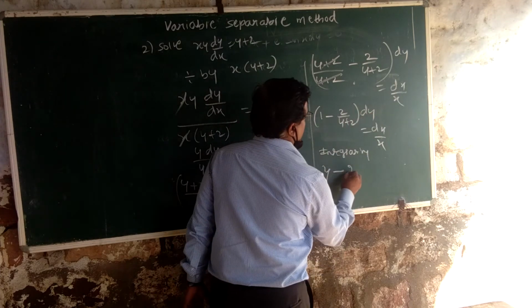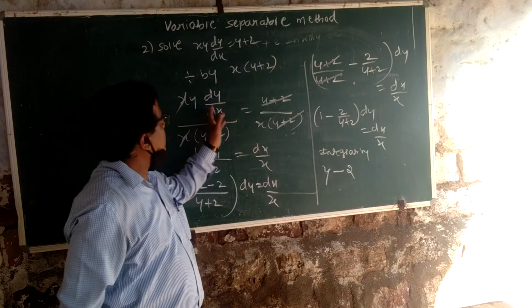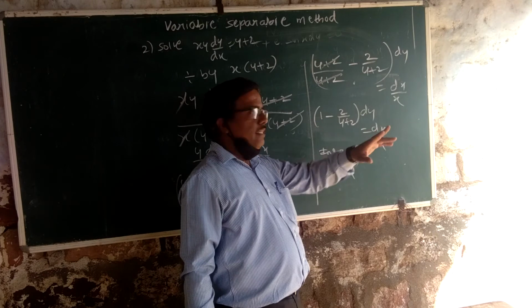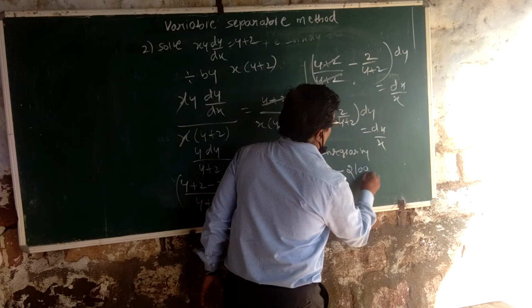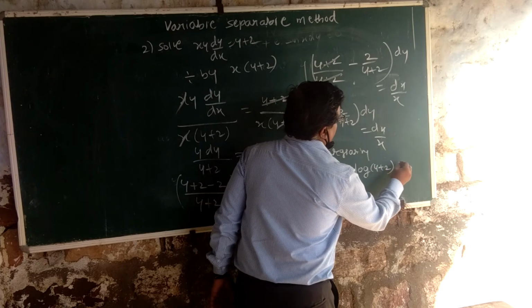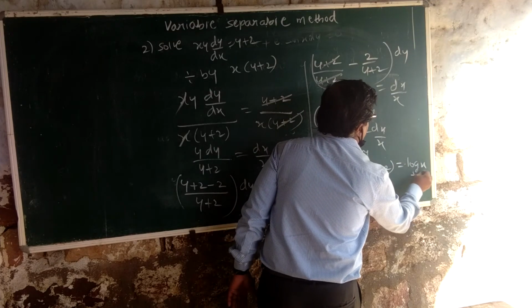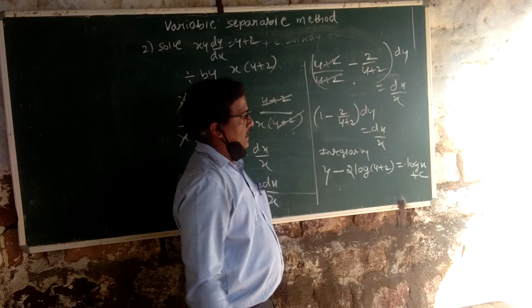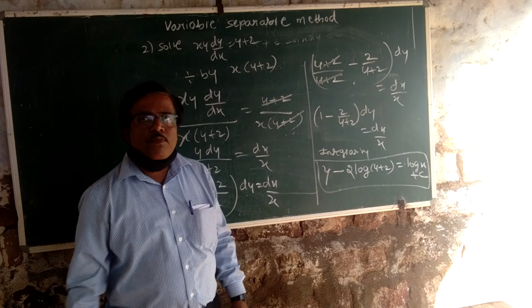Again the integration of dy by y plus 2, as we did in the last case, put y plus 2 as t, dy becomes dt. So y minus 2 log of y plus 2 is equal to log x plus integration constant c. So this is the solution of the given problem.